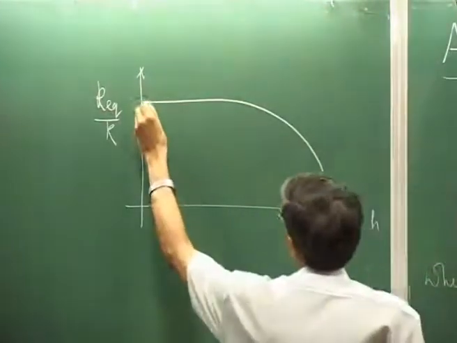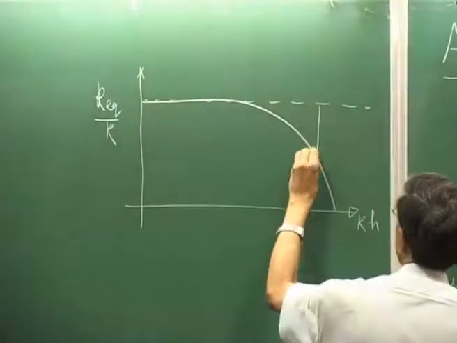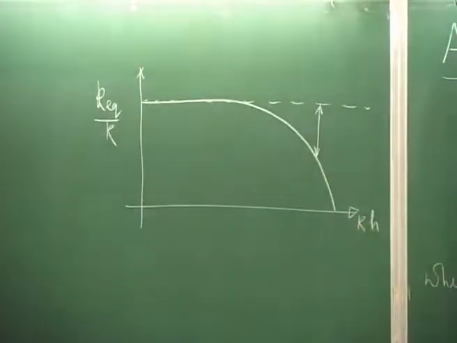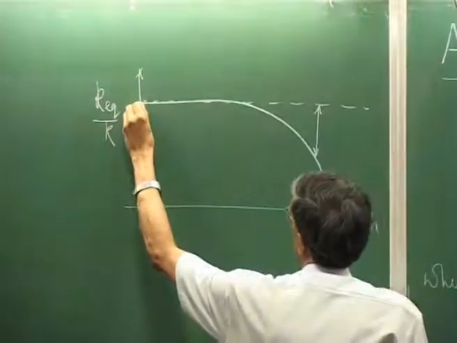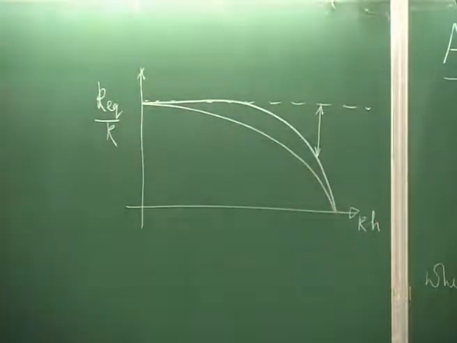So, this is the amount of attenuation or filtering that particular wave number suffers. If I have a rather low order method, then I will see much more severe attenuation or filtering.